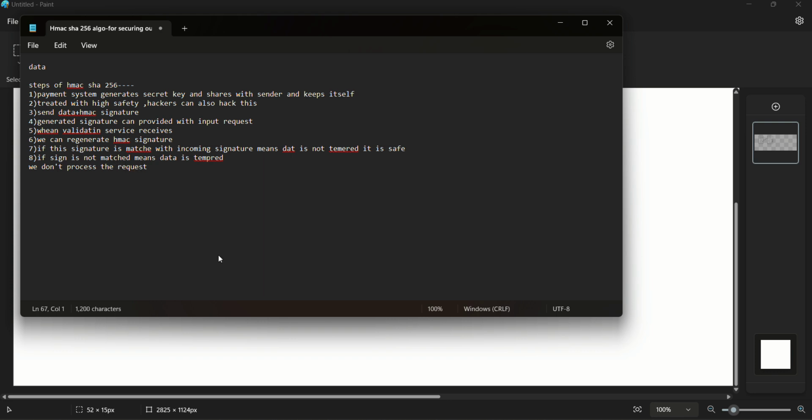One main question arises: how does it take care of authentication? HMAC signature is used to take care of authentication because the secret key which is generated is specific for the e-commerce system.